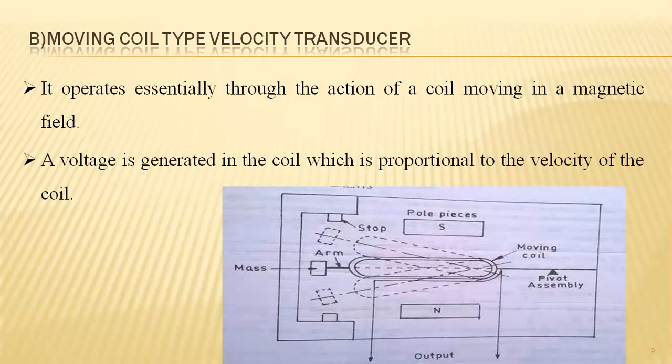Most probably it operates through the action of the coil which moves in a magnetic field within the allowable limitations, and the voltage is generated within the coil. The generated voltage is directly proportional to the velocity of the coil.